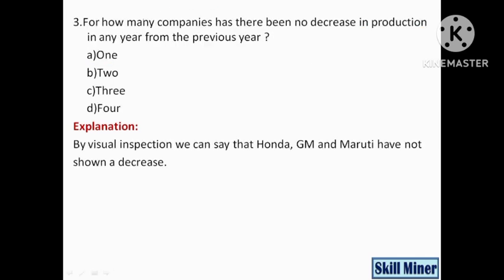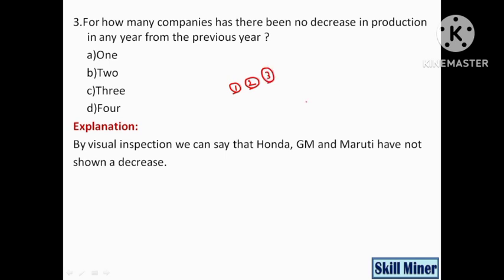Come to the third question. For how many companies has there been no decrease in production in any year from the previous year? For example, if in the first year it produces one car, the second year it should produce more than one, that should be two cars. In the third year it should produce more than two, for example three cars.